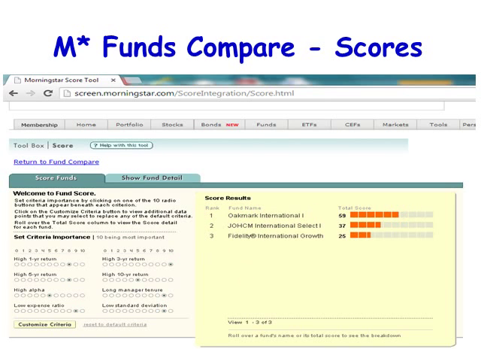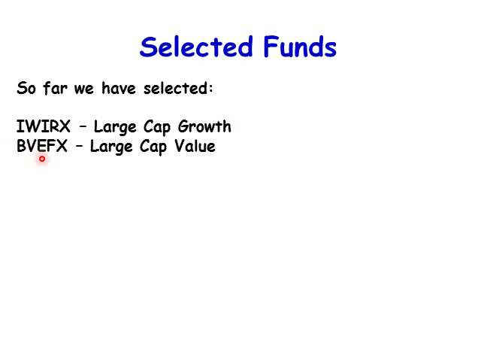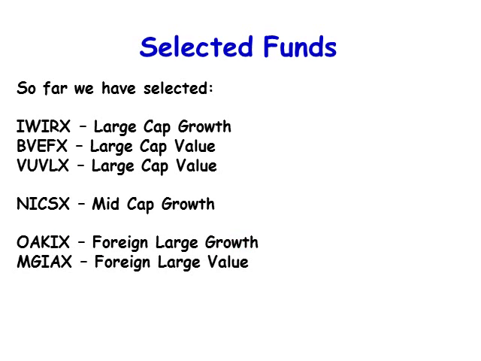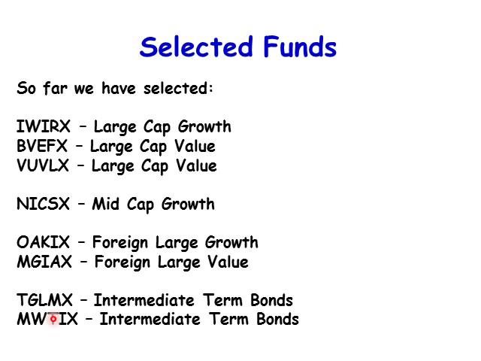Okay, let's continue from here. So far we have selected these funds: IWIRX for large cap growth, BVFAX for large cap value, VUVLX for large cap value, and Nicholas Fund for mid cap growth, Oakmark International for foreign large growth, MGIAX for foreign large value, TGLMX for intermediate term bonds, and MWTIX for intermediate term bonds.